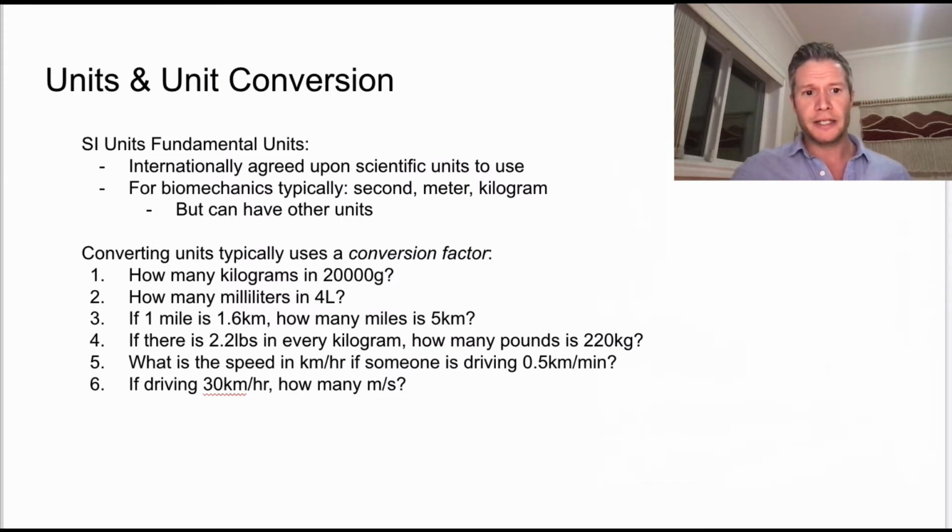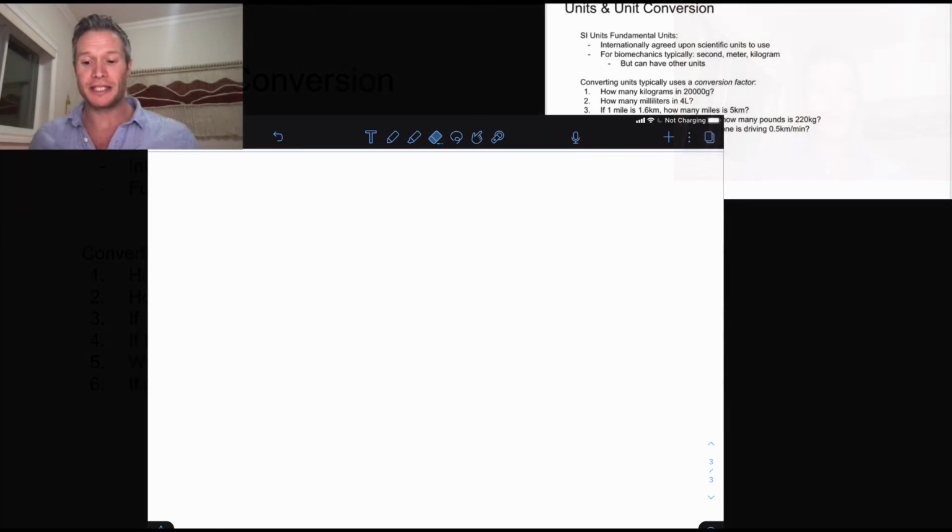Let's take a look at our first conversion question, number 1. How many kilograms is in 20,000 grams? Let's see how we can do this. There are two different ways that we can approach this.